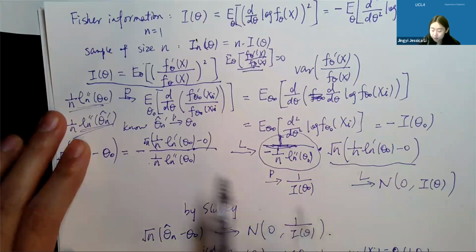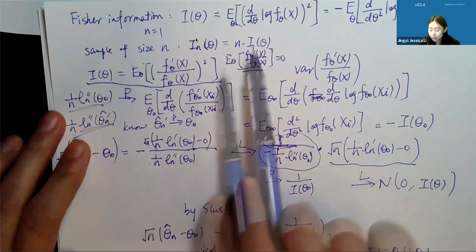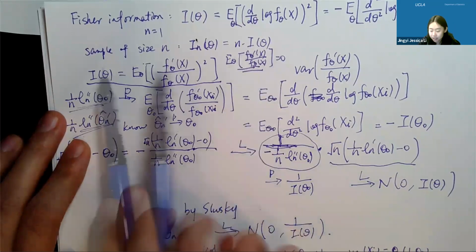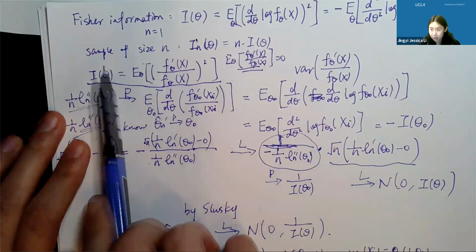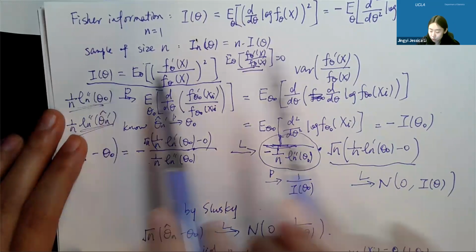So that's why Fisher information being large is a good thing. It means that given this parametric distribution you specify, and if this is the true value, then you have very good ability to detect this true value. And this intuition is also reflected here.